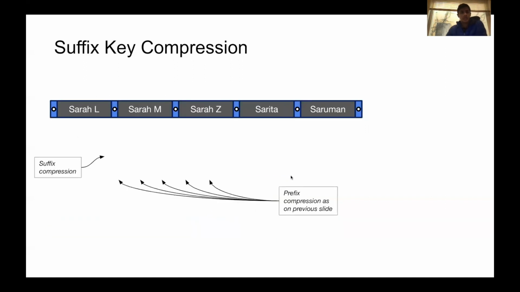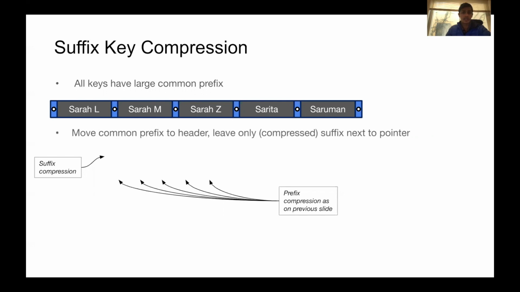There's another cool thing called suffix key compression. A lot of these keys can sometimes have a large common prefix, and we can move that prefix to the header and leave only a compressed form of the suffix next to a pointer instead. So for example, here, all of these have the common prefix SAR, S-A-R.